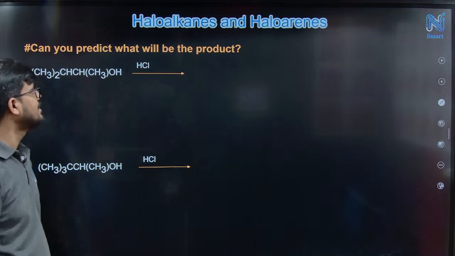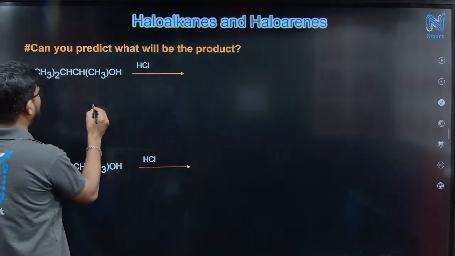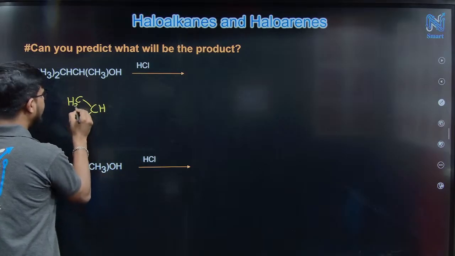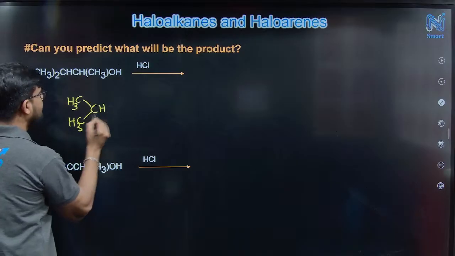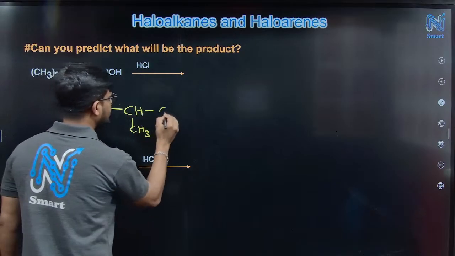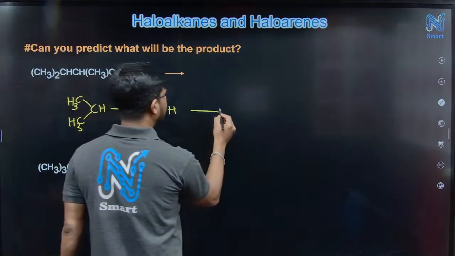So just check this, how we will identify the product. If you write this product, here we have CH, and here CH3, and here also one CH3, correct? Here we have CH, and here CH3, and here OH. This is the structure. Now we are adding HCl. So what will you get?